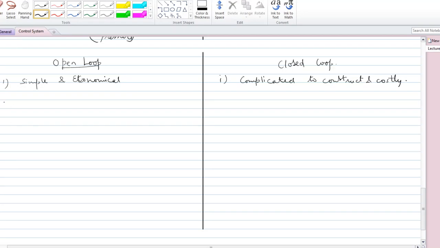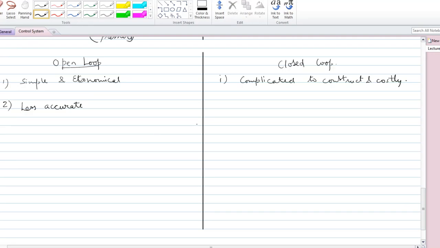Okay, second, they are actually less accurate, because there is no feedback provided from output to the input, and the input signal does not have any information about what output is currently present at the output.